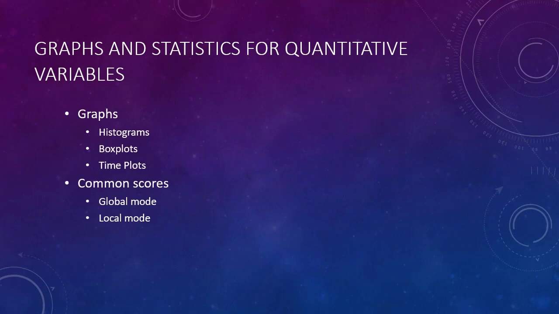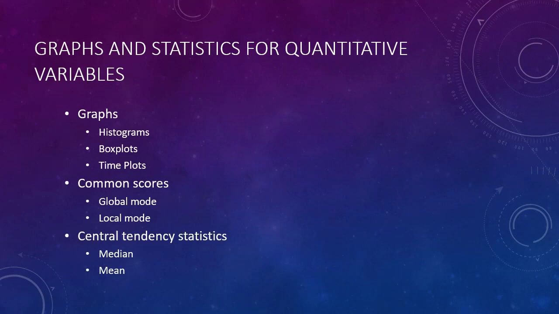Global and local modes help us know what scores are most common in the distribution. The global mode looks at the most common score in the entire distribution, but is less informative than the local modes that are common scores across the range of the distribution.